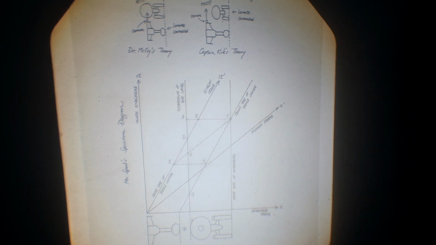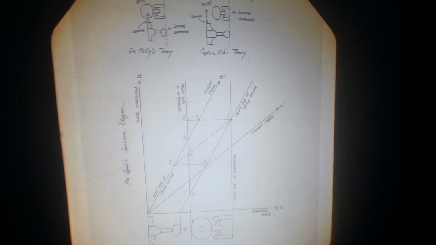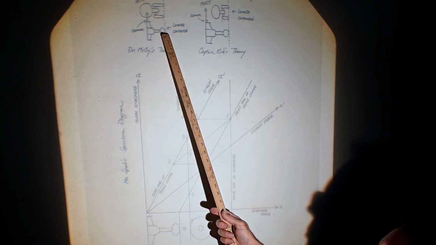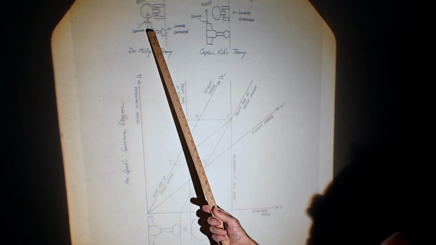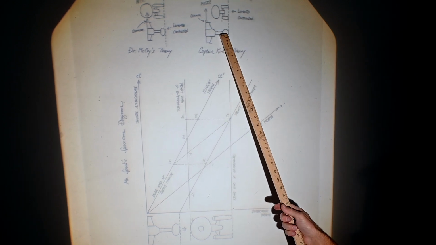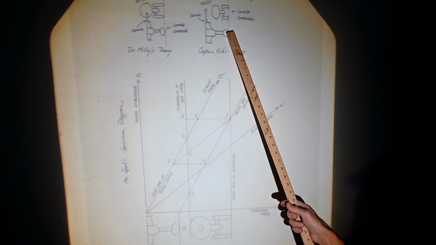And so Dr. McCoy is worried that due to Lorentz contraction, the Klingon battle cruiser will be shorter than the Enterprise and therefore cannot miss. So there's his theory, that the battle cruiser will shrink due to length contraction and get him. Captain Kirk, on the other hand, claims that the Enterprise will be shorter than the battle cruiser when seen in the Klingon's frame, so there's nothing to worry about.